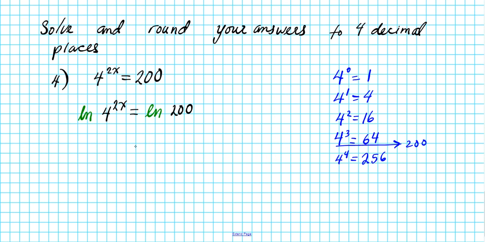Now we're going to power down the exponent on the left side. So that's one of the properties of logarithms. I can power that down to yield 2x times the natural logarithm of 4 equals the natural logarithm of 200. Now one might ask, why didn't we pick log base 4 or some other log base 200?